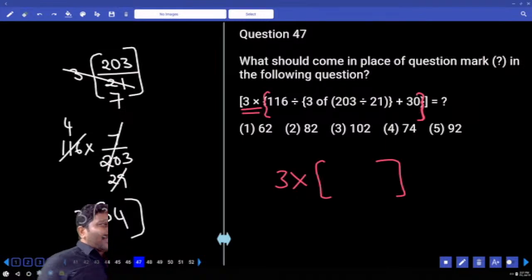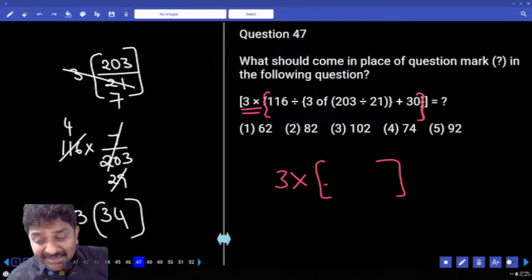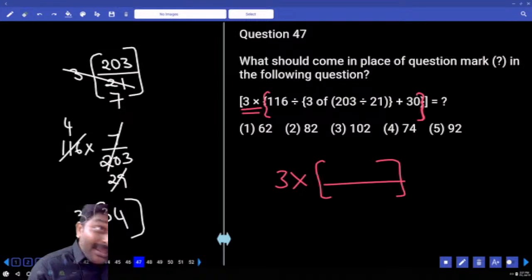But every time you cannot depend on this, because in the number inside the bracket, you may get denominator 3.